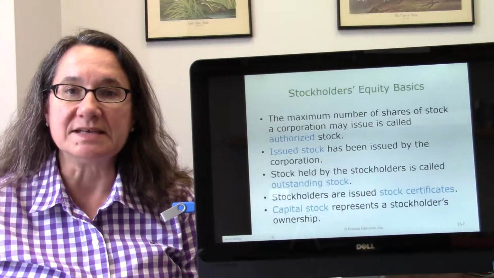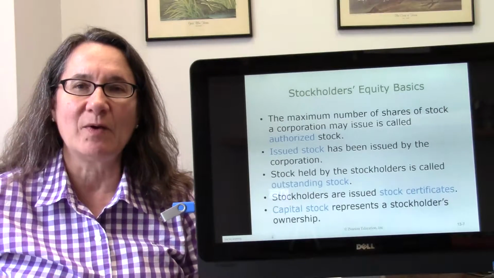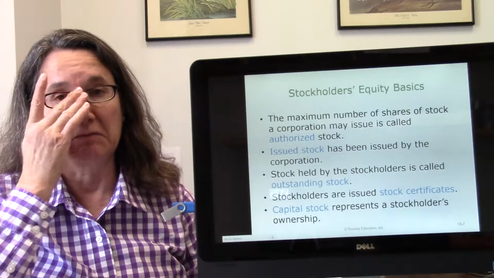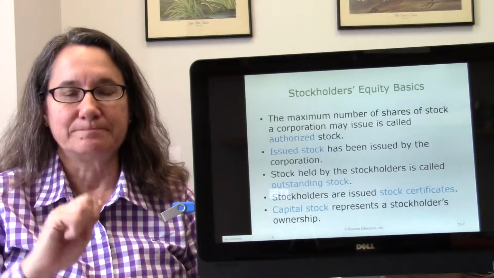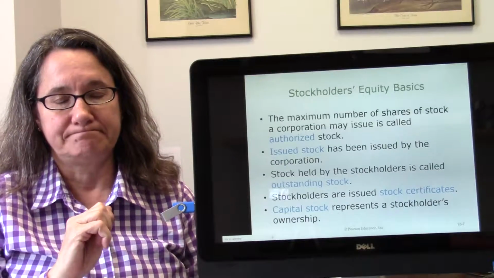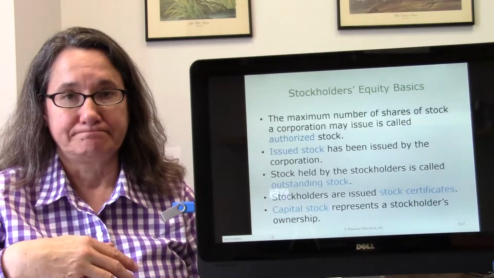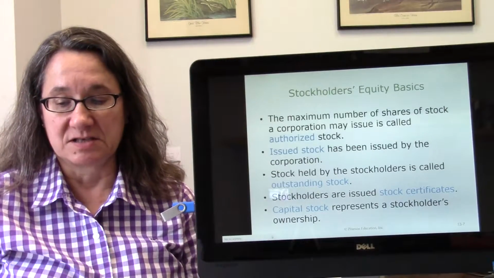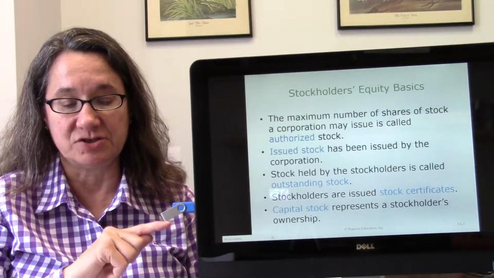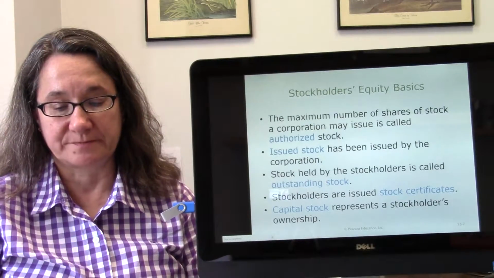Now, they don't always issue all the stock. They say we want about 10 million shares of stock, or some number. The company gets to choose. Then they can either issue it out to people, to the owners, or not, right? So authorized stock can be issued or unissued.